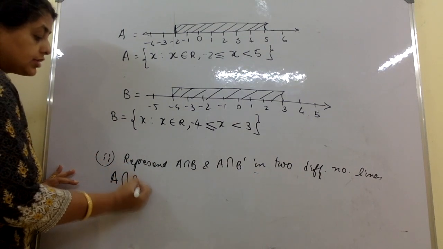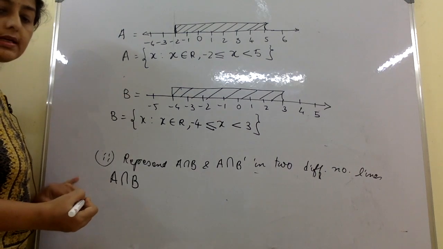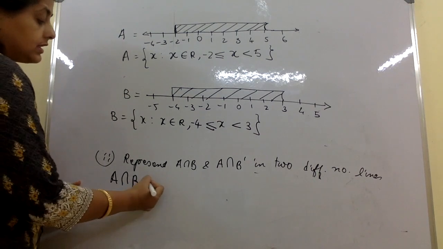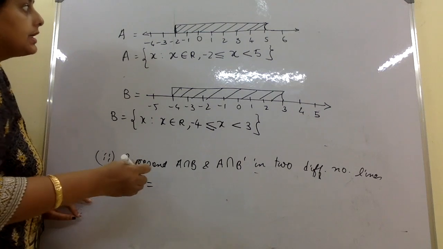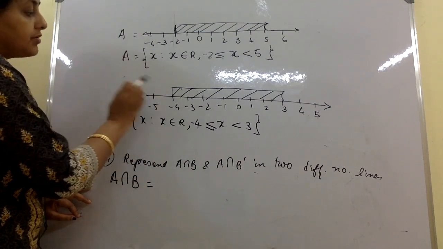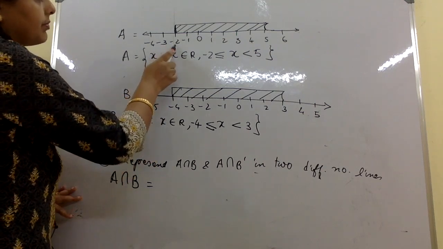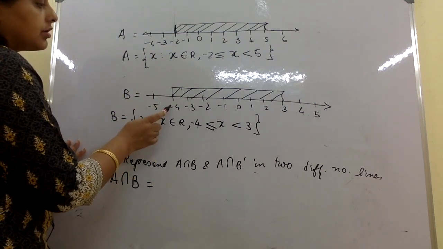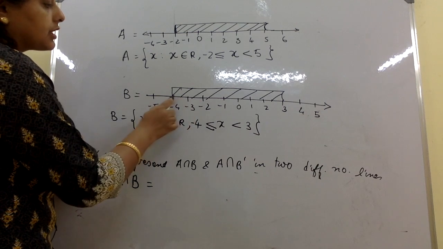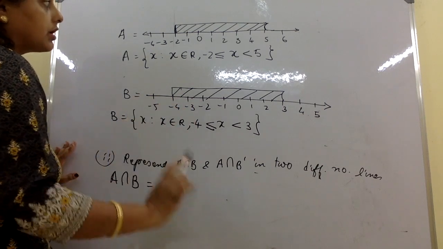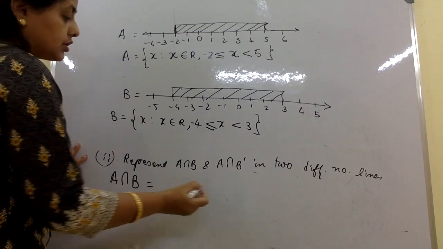A intersection B. Okay, in A intersection B I will have, let's see, let's go back to the number lines. Here A and B. If you note, in A it is starting from minus 2. So I cannot definitely take this portion, that is minus 2 to minus 4, I cannot take. I have to start from minus 2 only.